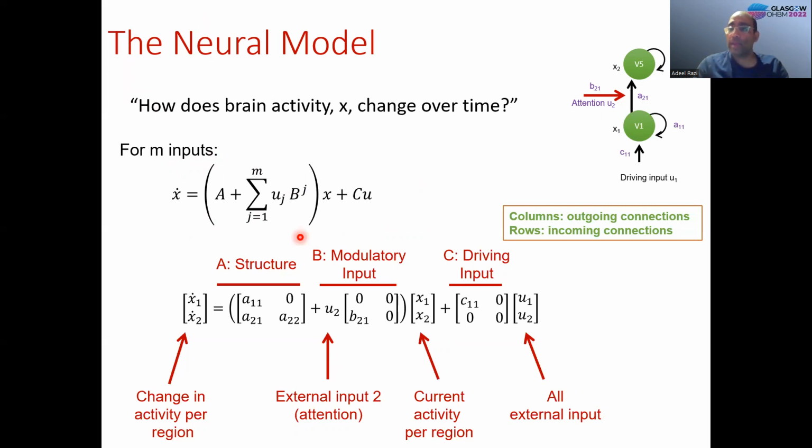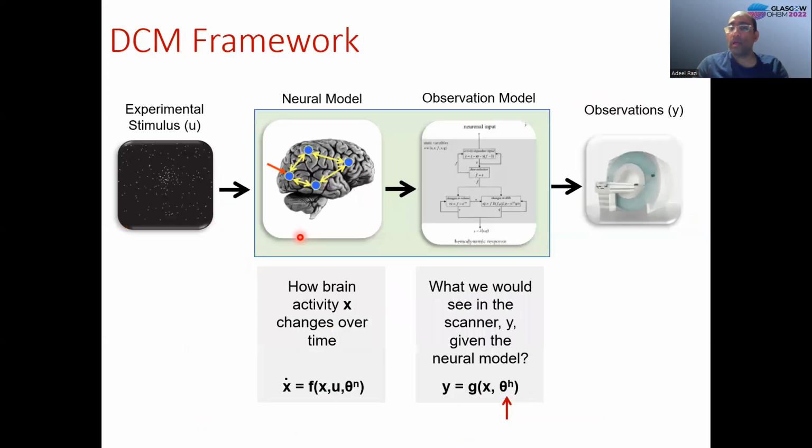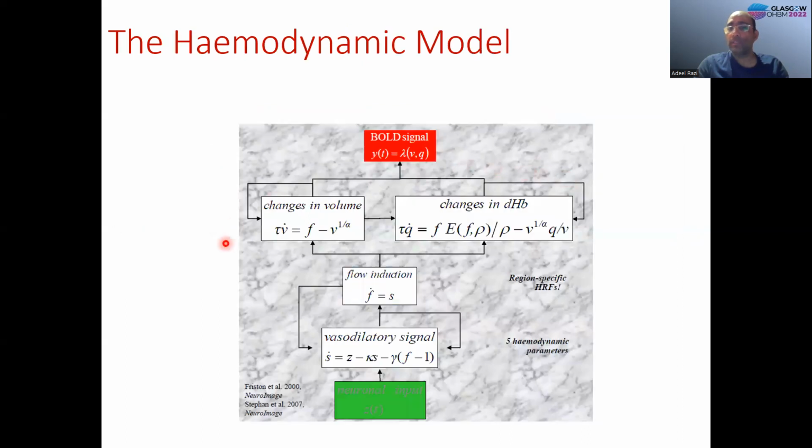Okay, so now once we have this neural activity, remember that we now have a neural formula. Now we have to add to this what we call an observation model. We just derived this neural formula specifically for a task-based DCM for fMRI, and now the second component is the observation or hemodynamic model, which is what we call a balloon model.